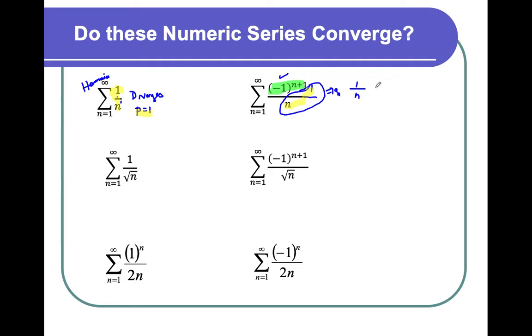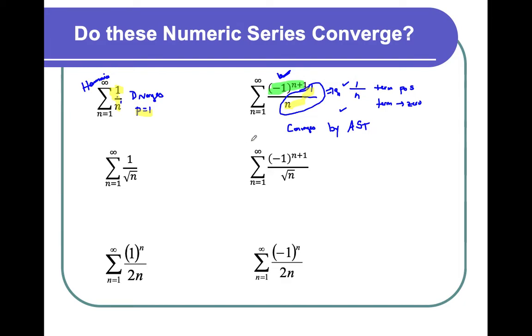Those terms are all positive, and the terms go to 0. So with the combination, check, terms go to 0, check, terms are positive. The most important check is that I have the sign alternator. This series converges by the alternating series test for convergence.